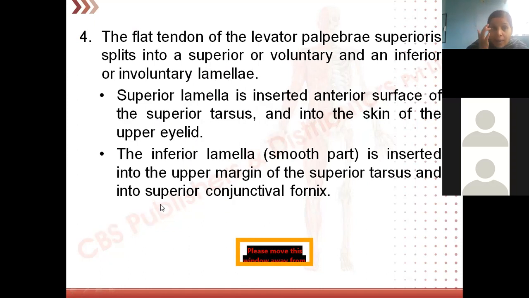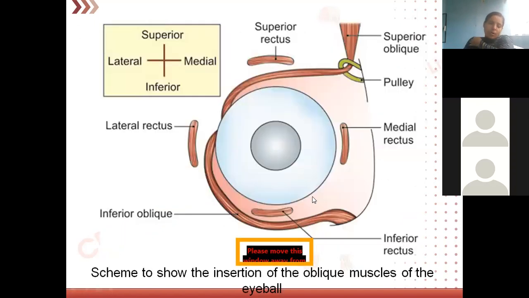Conjunctiva is a thin membrane which is covering the eyeball and which is also reflected on eyelids. That means the inferior lamella is deep and it is getting attached to conjunctiva. This word is enough: inferior lamella is inserted into conjunctiva. Better you write upper eyelid, that's why superior conjunctiva. So these are the origin and insertion details of all these muscles.